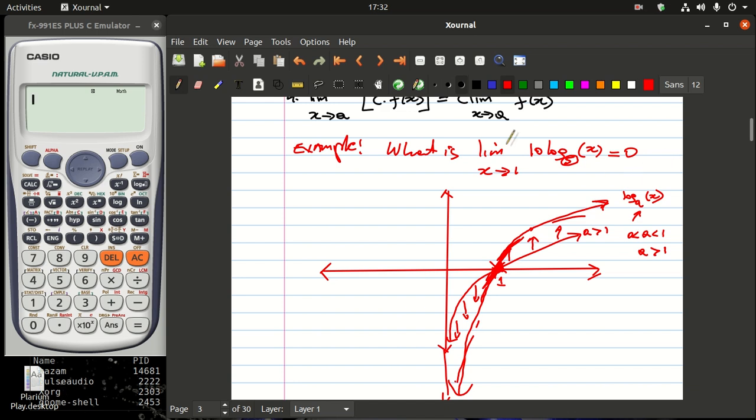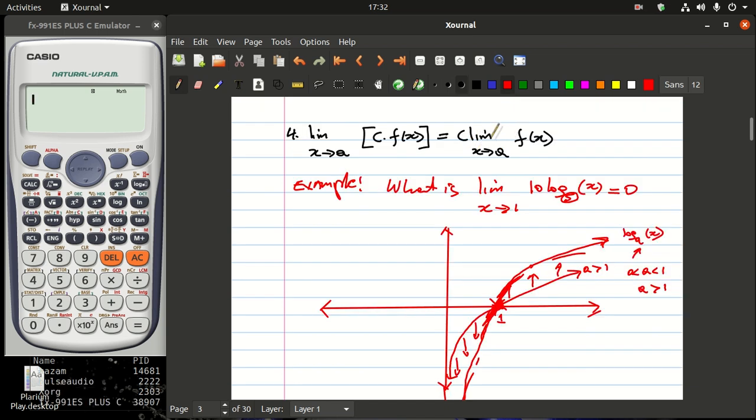But now, looking at this rule here, the limit as x approaches 1 of 10 log base 5 of x is the same as taking this constant in front of the limit, and then the limit as x approaches 1 of log base 5 of x. What is the limit of this function?